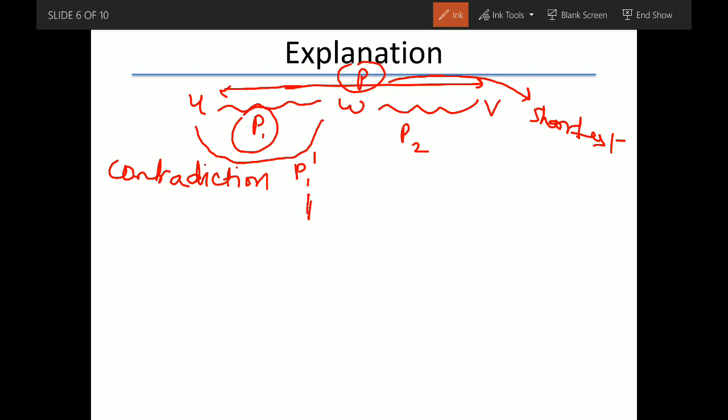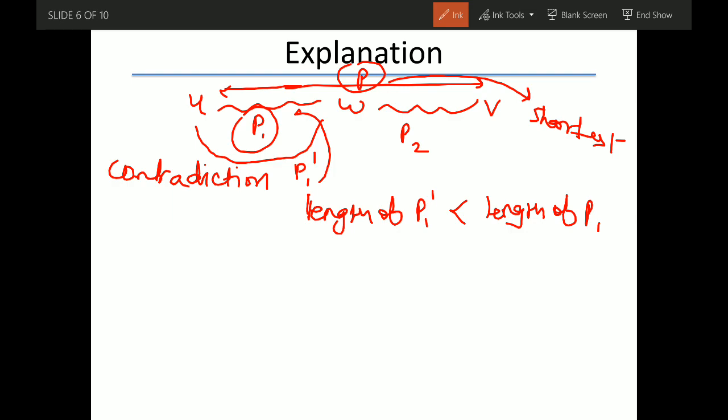That is, the length of P1 dash is less than the length of P1. Here, length is the number of edges. If the length of P1 dash is less than the length of P1, we can replace P1 by P1 dash.